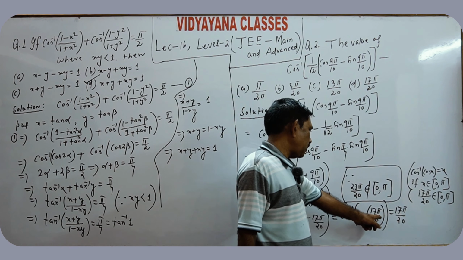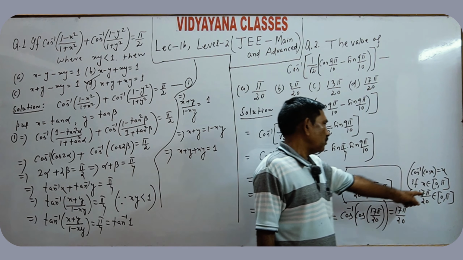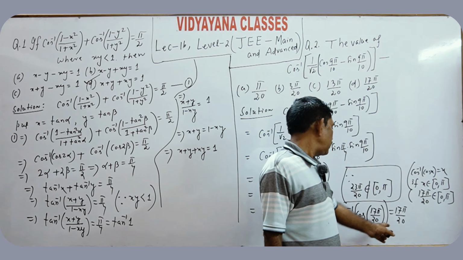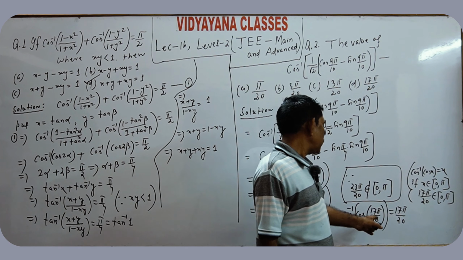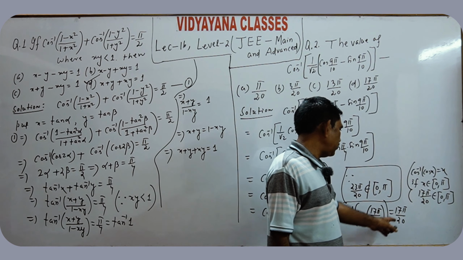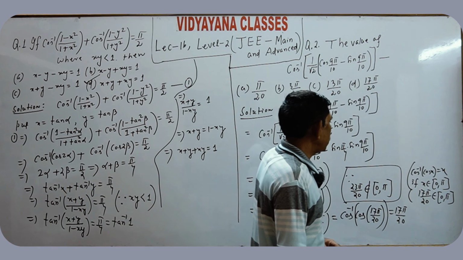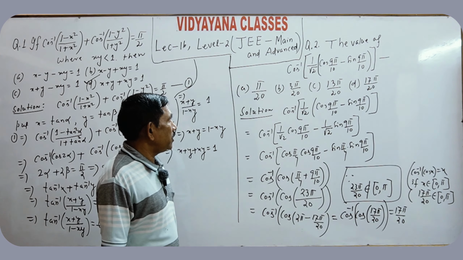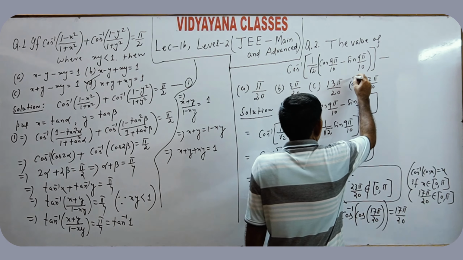Since 17 pi divided by 20 belongs to closed bracket 0 to pi, it gives cos inverse cos 17 pi divided by 20 gives 17 pi by 20 by this rule. So the correct option is D.